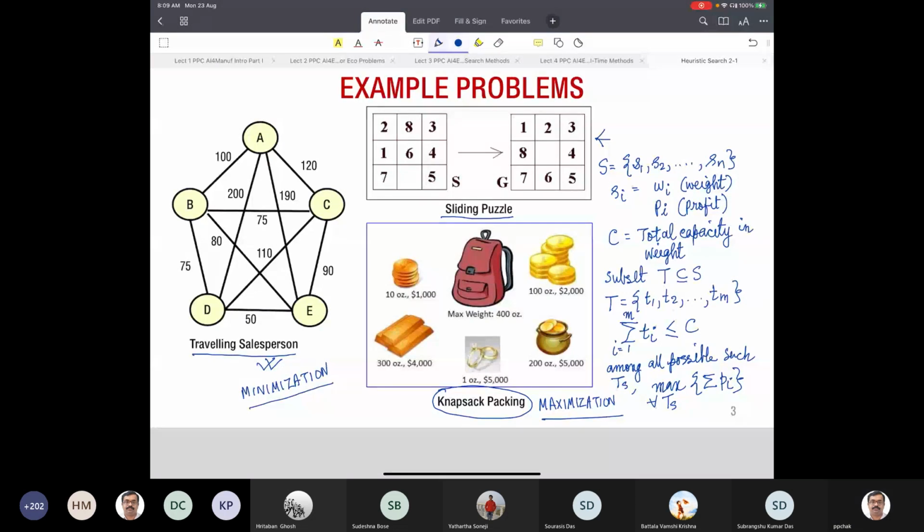Good. So now, given such problems, which could be maximization or minimization, for which we have state definitions, what would be the state transformation rules for the knapsack problem?